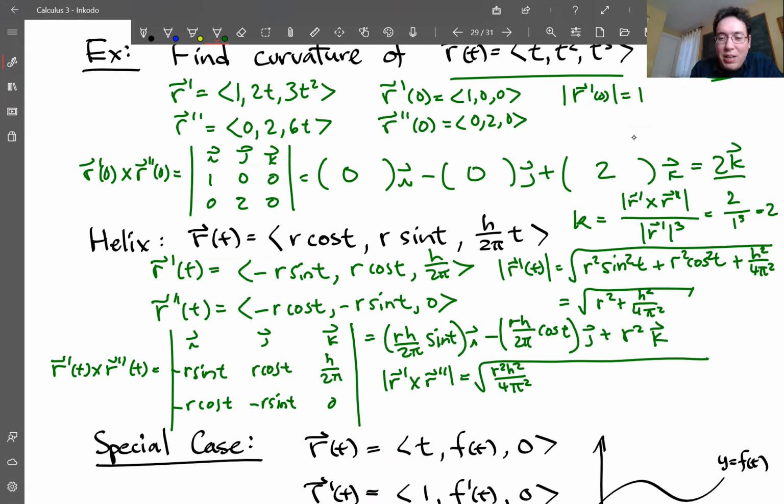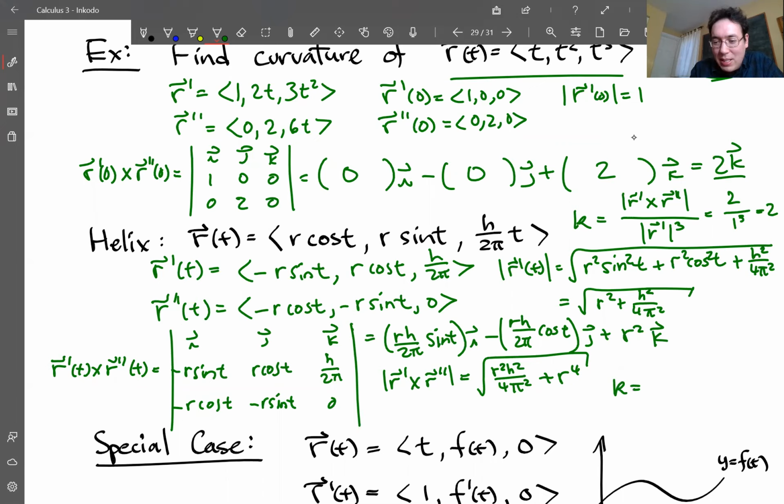We factor out the coefficient in front, and then the rest is going to be just 1 plus the square of this guy. So we get r to the 4th there. Okay. And then we divide by the magnitude of r prime cubed. So take this and raise it to the 3rd power.